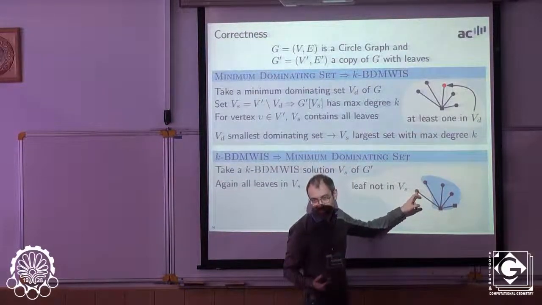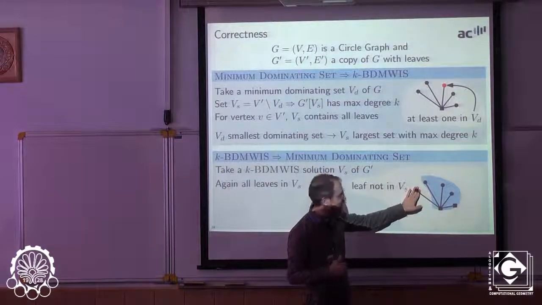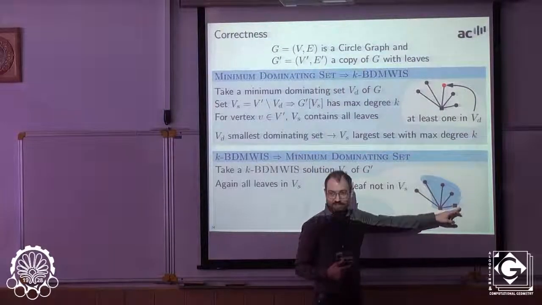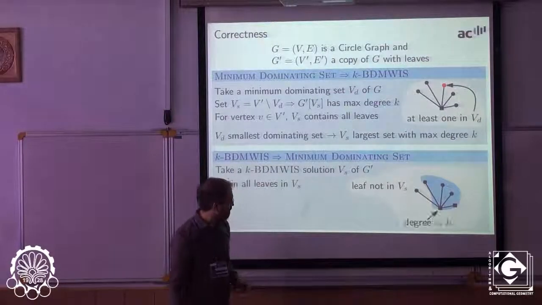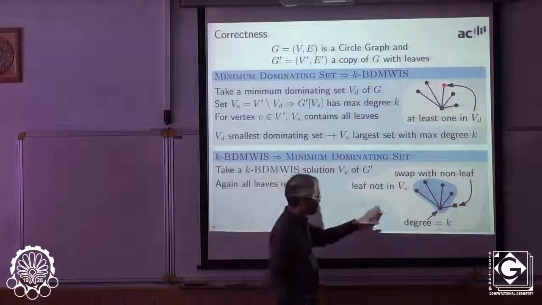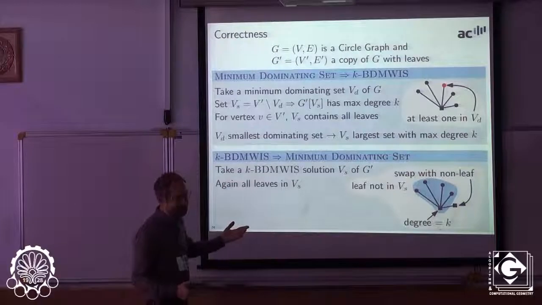And it could be a leaf. But if there is a leaf in the set, and this is maximum, we know that all the other neighbors are in the set. And in particular, there must be an internal neighbor that is in the set. And now we can just swap them. Okay? So this has degree K. We swap it with a non-leaf. We get a solution of exactly the same weight. So that would be without loss of generality.